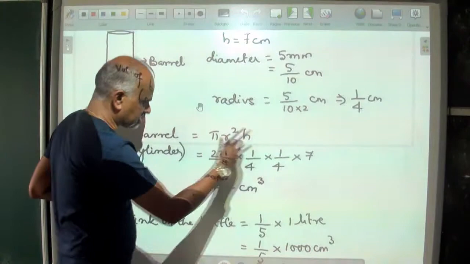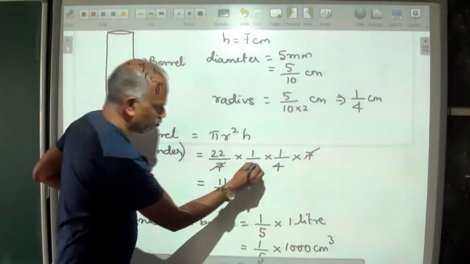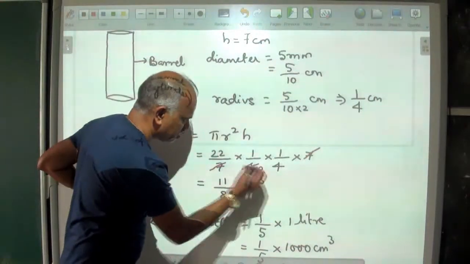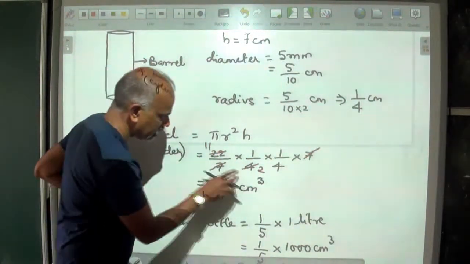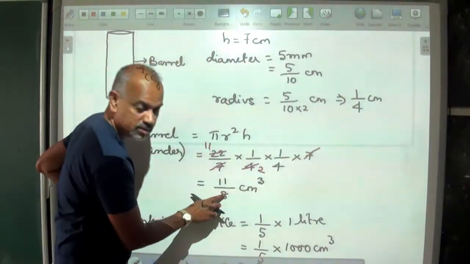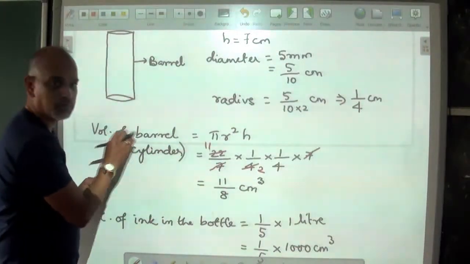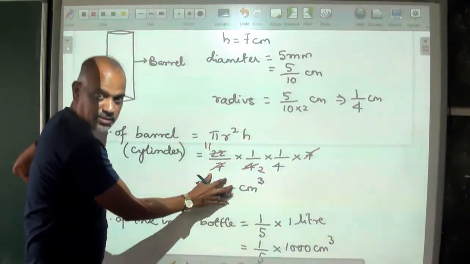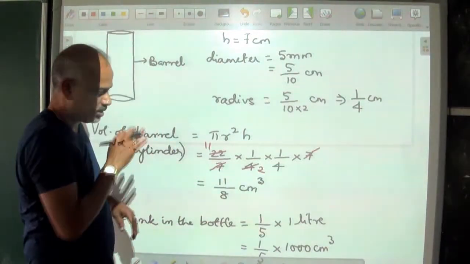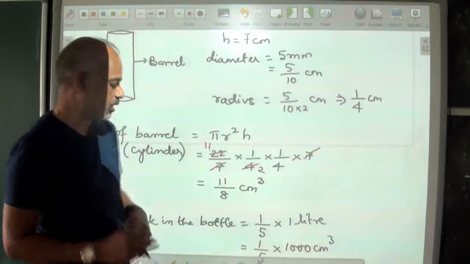If you simplify this, 7 gets cancelled. 4 goes twice. 22 goes 11 times. So 11 divided by 2 fours are 8. 11 by 8 centimeter cube is the volume of this barrel. So this is the volume of the ink which is there in the barrel. This much ink can write 310 words.